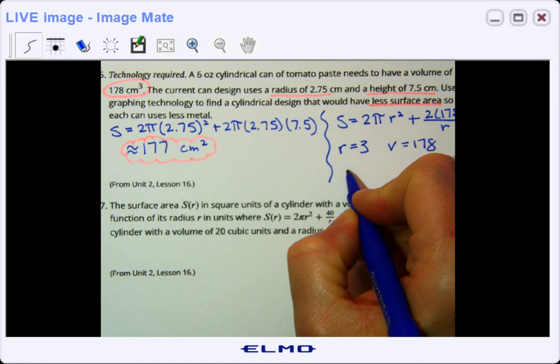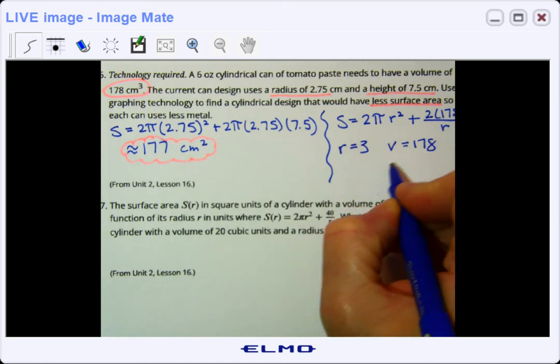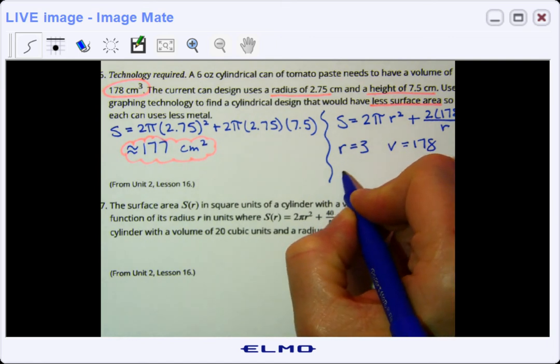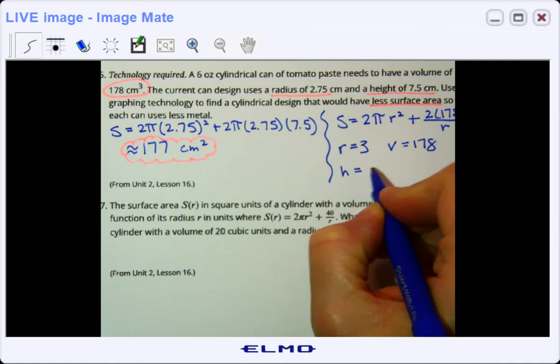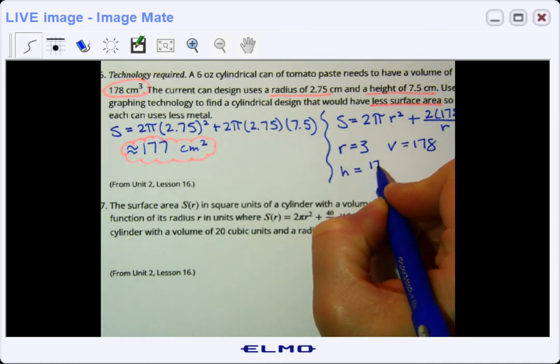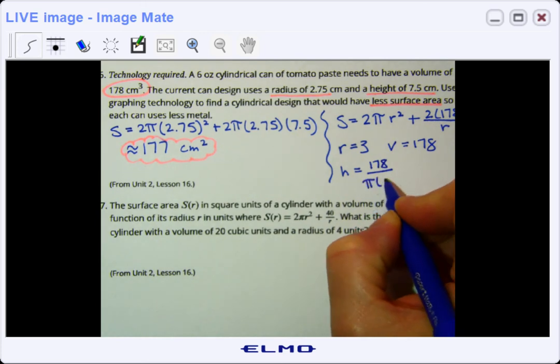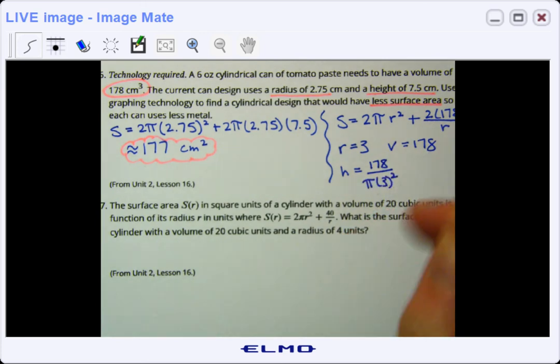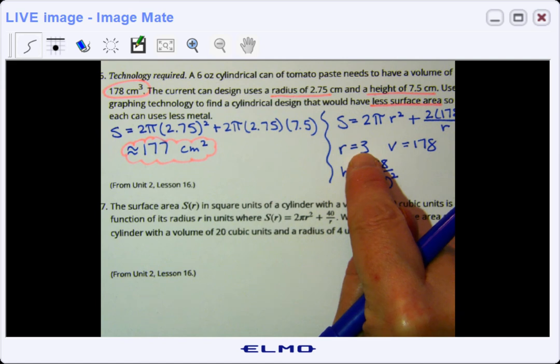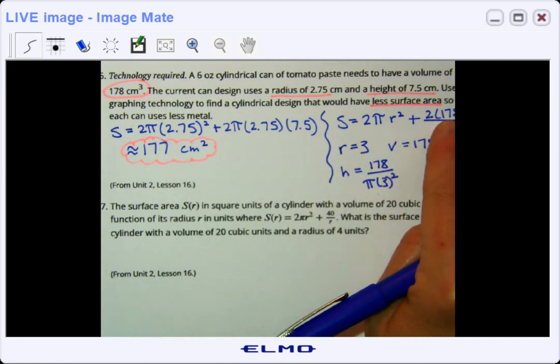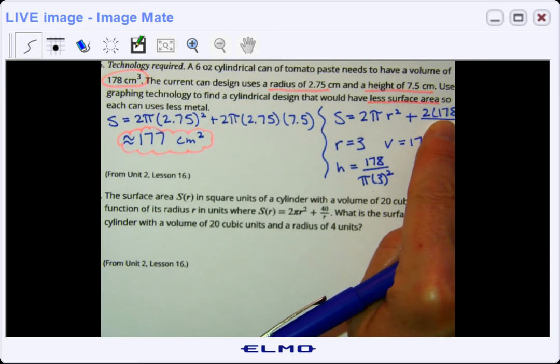We rearranged the formula and came up with height is equal to the volume divided by pi times the radius squared. So I know a radius of 3 will give me a smaller surface area while keeping the volume at 178.